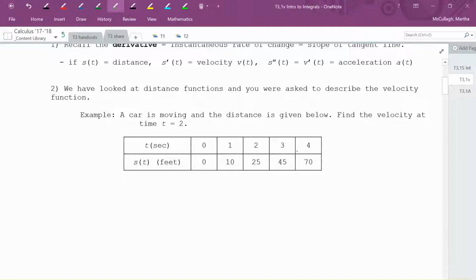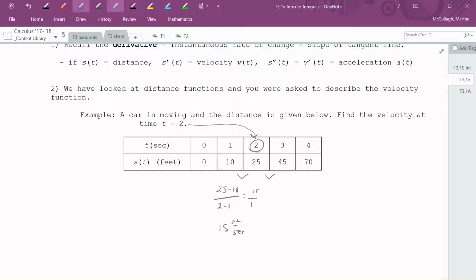When we wanted to find the velocity in feet per second, thinking about what our units are going to be, feet per second, we were looking at a rate of change. So we would find the slope, the rate of change. If we're interested in finding it at t equals 2, we'll find the slope: 25 minus 10 over 2 minus 1, 15 over 1, or 15 feet per second.